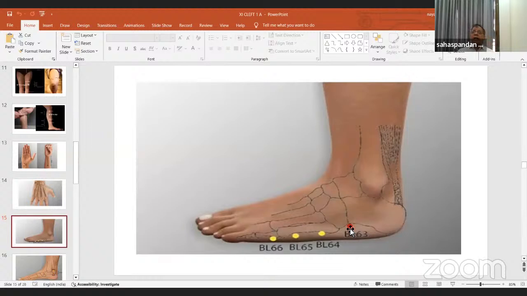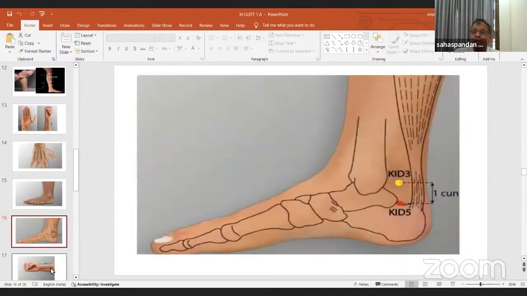And kidney pie, kidney pie is indicated. See, this is the kidney pie. Okay, 1 chun below from the kidney 3.